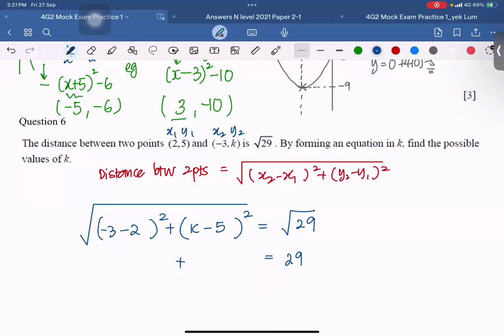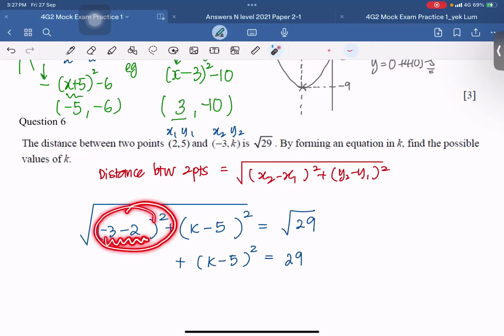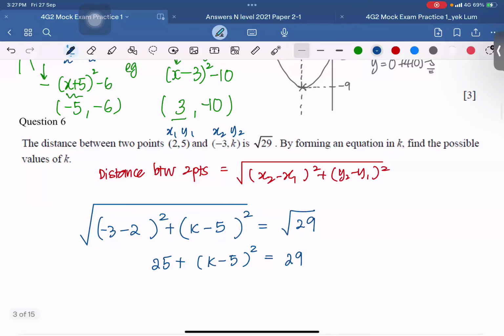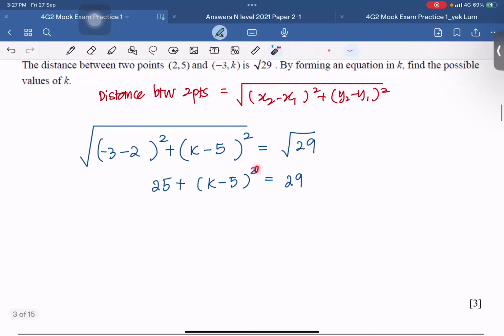Then this one, don't be too rushed to expand it. Keep it factorized. It looks something like how you deal with the numbers using the completing square method, okay? Then we calculate. This is just a number. -3 minus 2 is -5. -5 whole thing squared becomes the number 25. Do not expand this first.